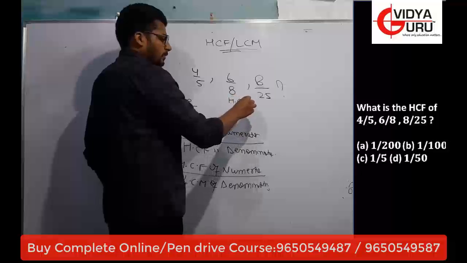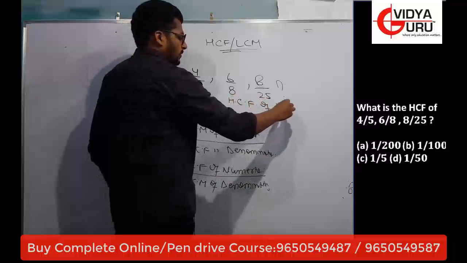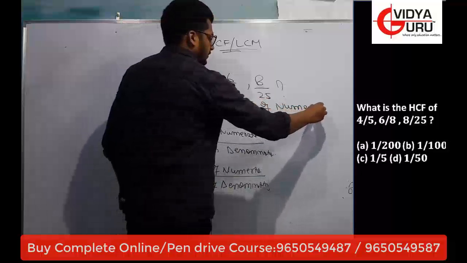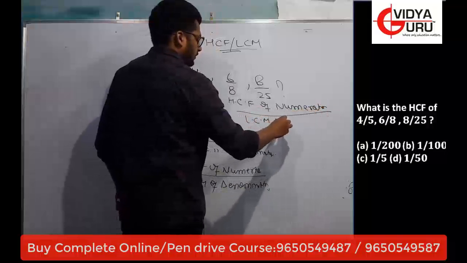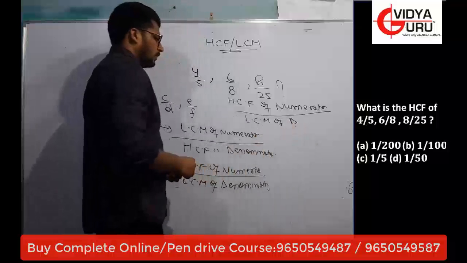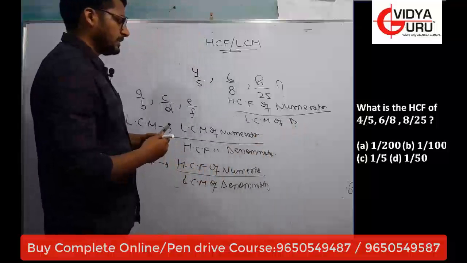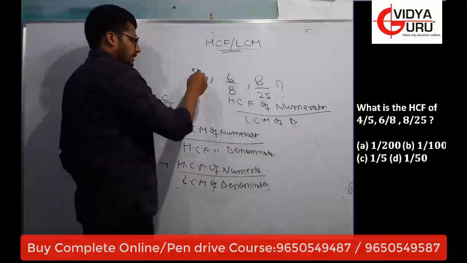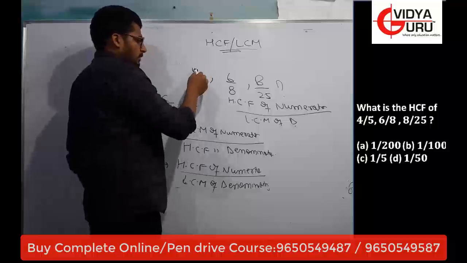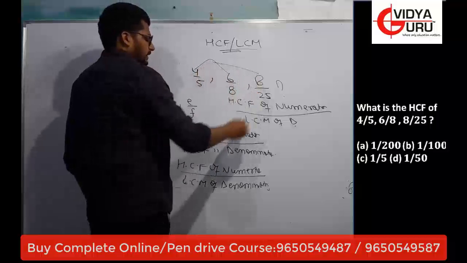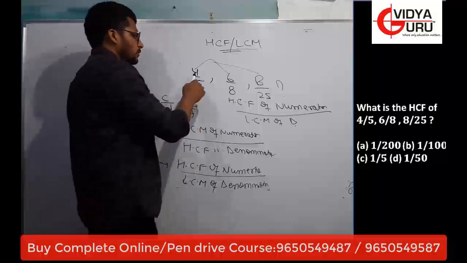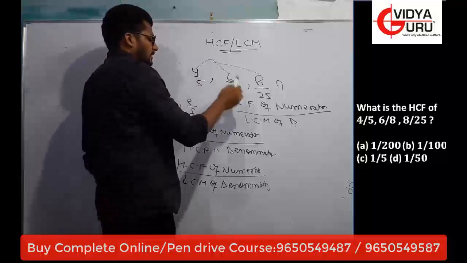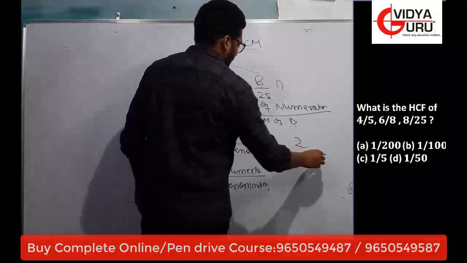So the question is asking for the HCF in fraction form, which is HCF of numerators by LCM of denominators. What will be the HCF of the numerators? HCF means a number which can divide all these three numbers. 4, 6, 8, HCF will be 2.